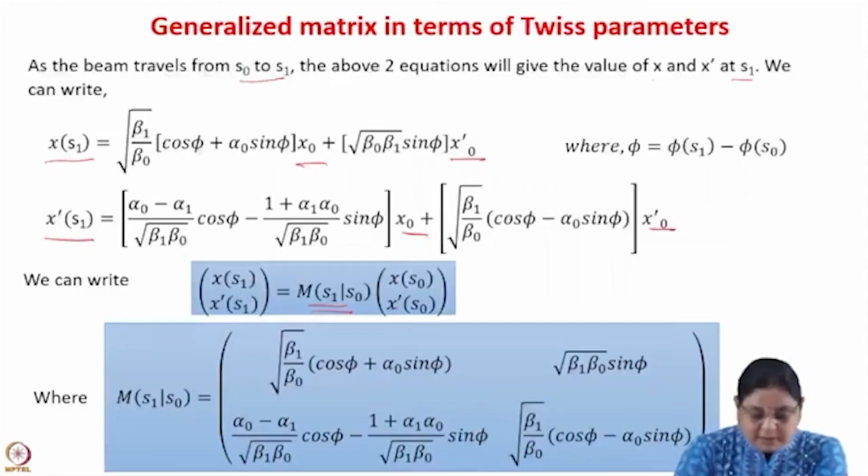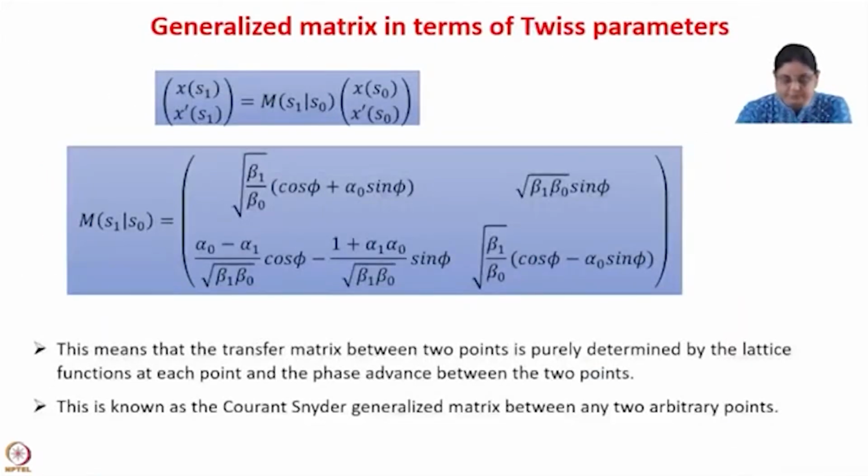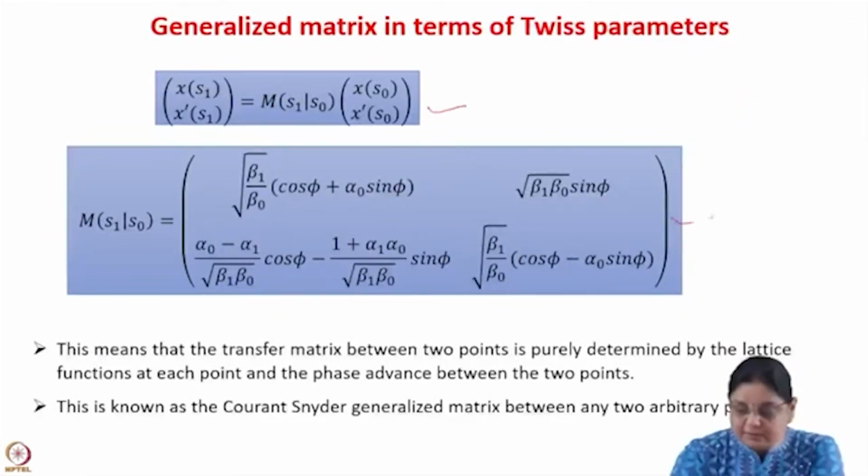So the matrix is now given by this expression. Now notice that this matrix depends only on the Twiss parameters at the two locations and the phase advance phi. So this is the transfer matrix written here.